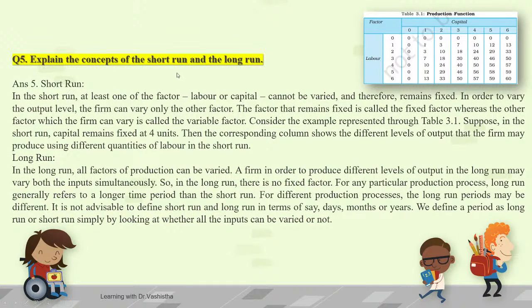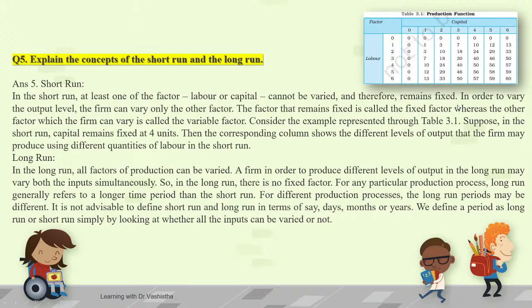Now let us explain the concepts of short run and the long run. So we'll consider the short run first. In the short run, at least one of the factors among labor or capital cannot be varied. I mean one factor has to be kept constant or fixed.